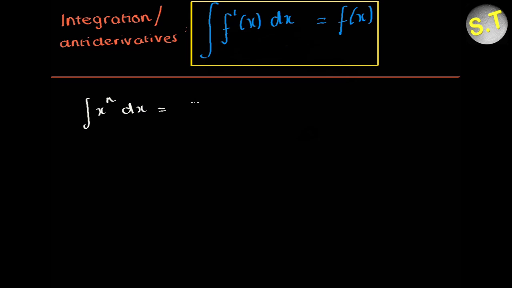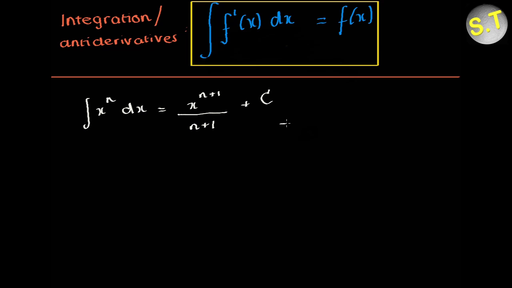In the reverse power rule of integration, we need to increase the power by 1 and then divide by the new power. So we have x to the n plus 1 divided by the new power n plus 1. And as always, with this being an indefinite integral, we need to add a constant of integration plus c.